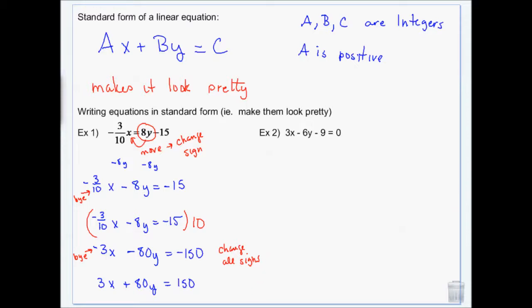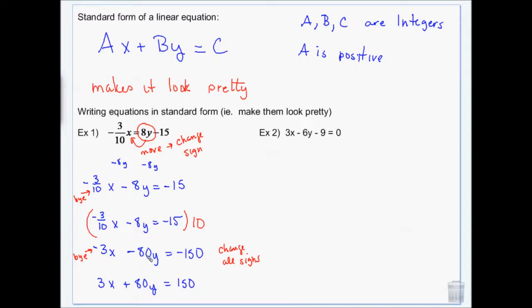Did you say all the numbers have to be positive? No, just this first term has to be positive. Okay. So because this one was negative, I changed all the signs. If this 150 had been positive, it would now be negative. And what if it was a regular positive 80?